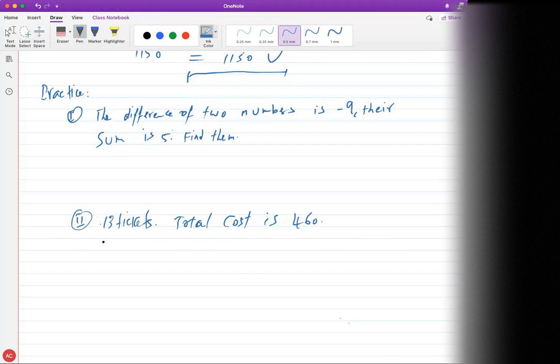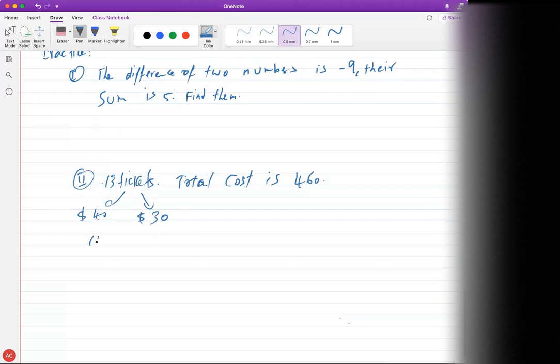Two types of tickets. We have tickets that cost $40 and the other cost is $30. So how many tickets of each? How many of each ticket?